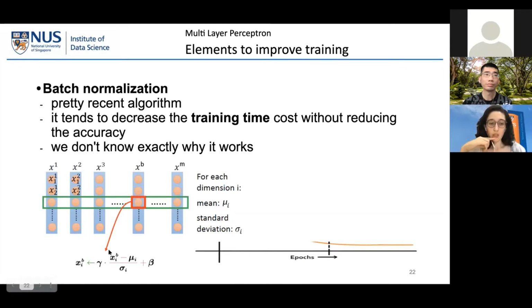For each batch, you want first to standardize your item depending on the mean and standard deviation of your feature. But then what batch normalization algorithm does is that it adds also two other parameters, gamma and beta, that are learnable, that will be learned during training.